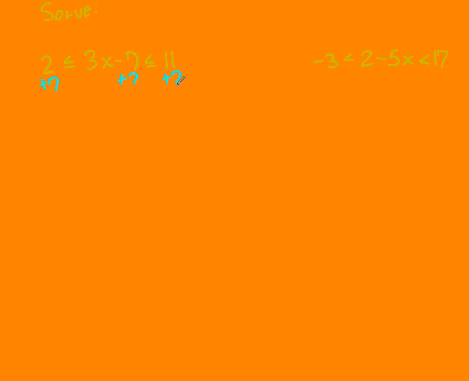You need to add it to every piece of the puzzle, 1, 2, 3 in this case. So I'm going to get 9 is less than or equal to 3x, which is less than or equal to 18. I'll then divide by 3 and get 3 is less than or equal to x, which is less than or equal to 6, and that's how I would solve my inequality.